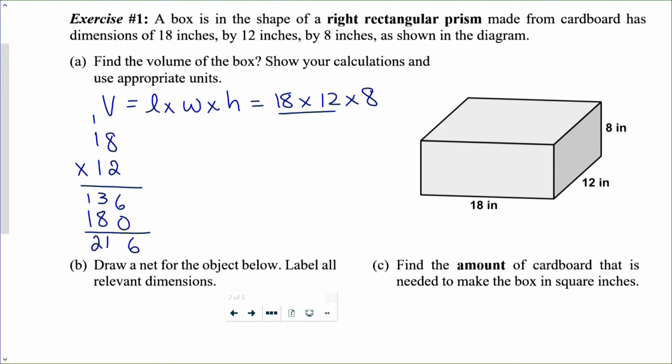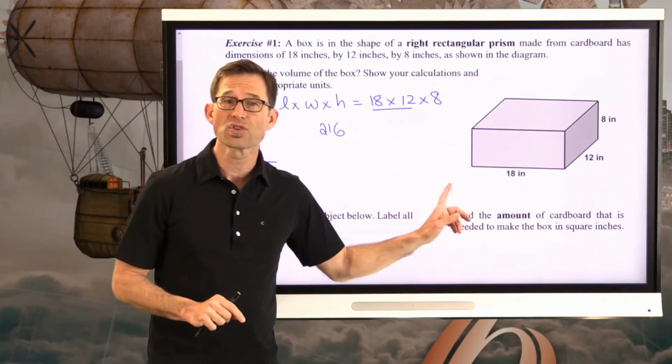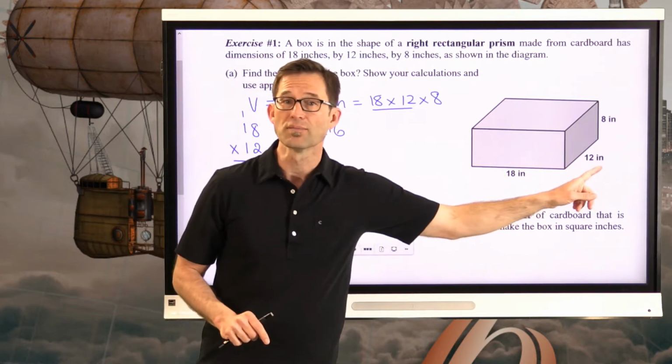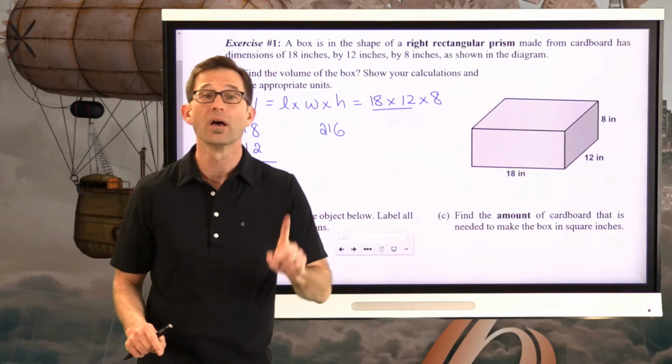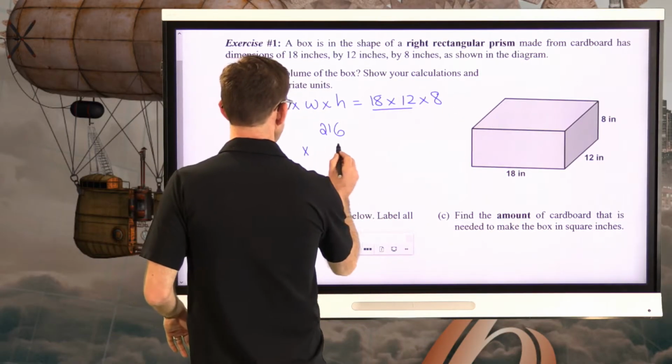All right, and I find that, at least initially, I get 216. By the way, remember that 216 actually represents the area of the base. 18 inches times 12 inches would be 216 square inches. Now what I'm going to do is multiply it by the height.